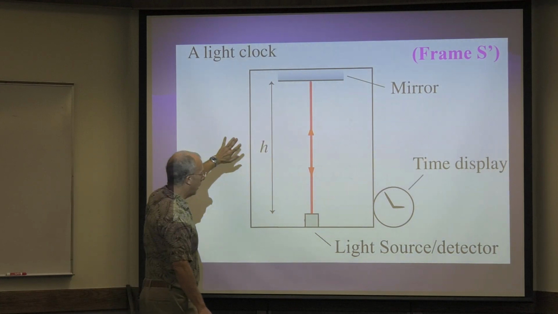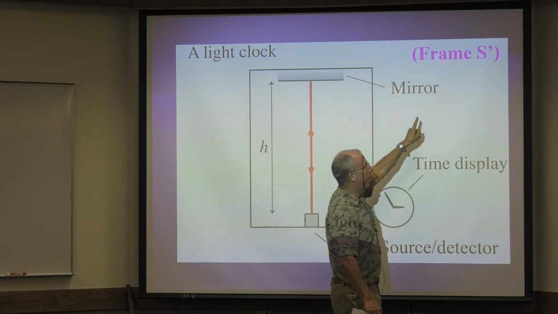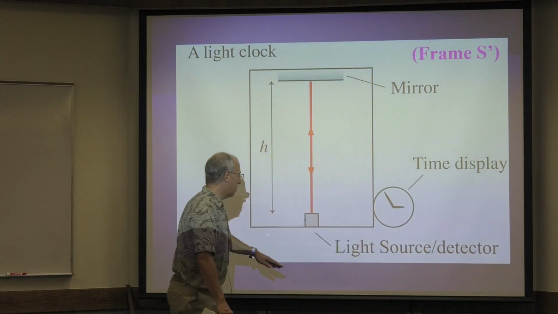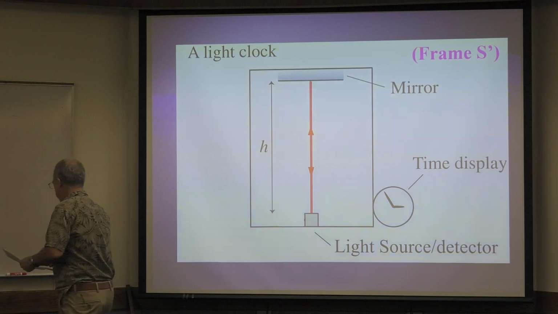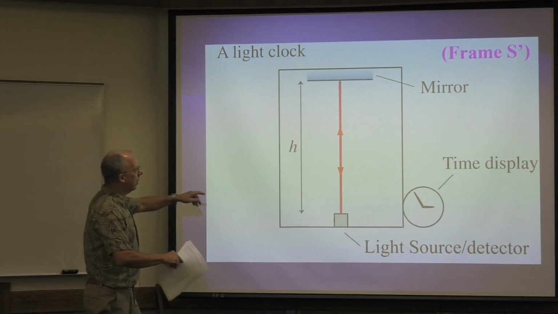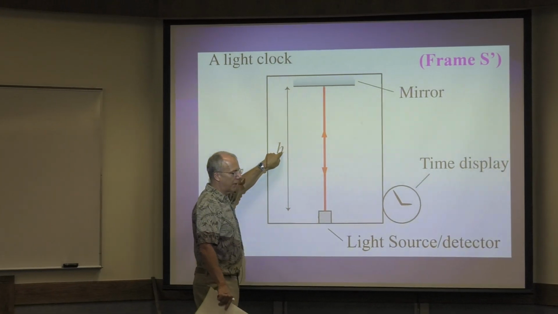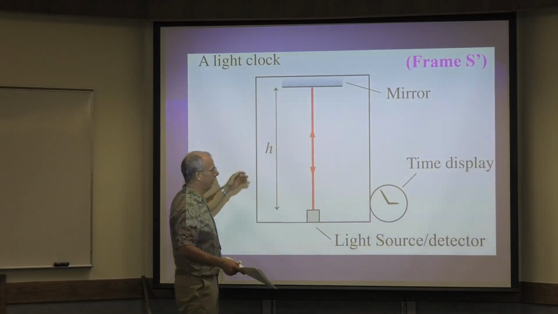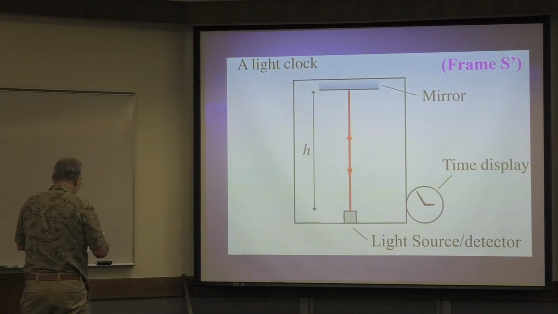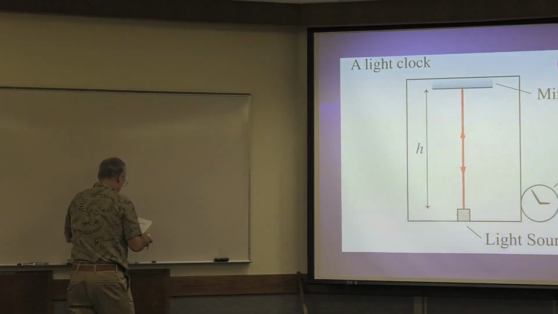So this is Velma, frame S prime. Velma just sees the light go straight up, straight down. Here, we're just going to call the height H. We're not going to call it 150,000 kilometers like we did last time. We just want to be general.